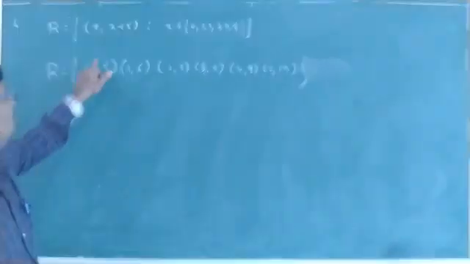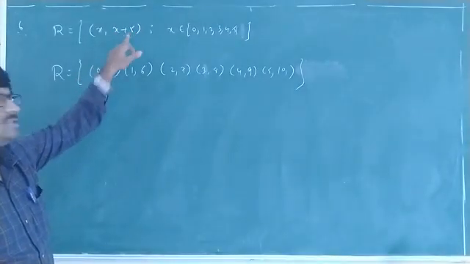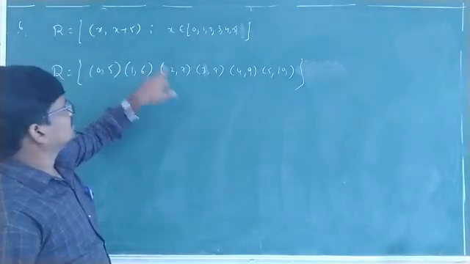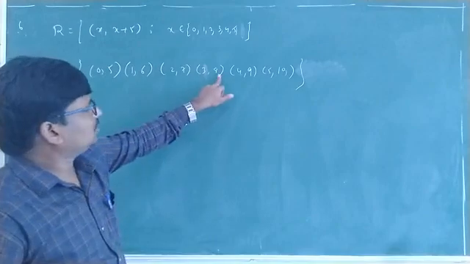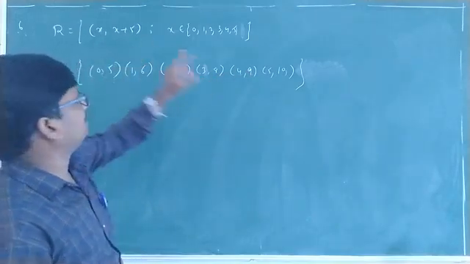If you take x value 0, x plus 5 means 0 plus 5, which is 5 only. Next, if you take 1, you will get 6. If you take 2, you get 7. If you take 3, you get 8. If you take 4, 4 plus 5, you get 9. If you take 5, 5 plus 5, you get 10.